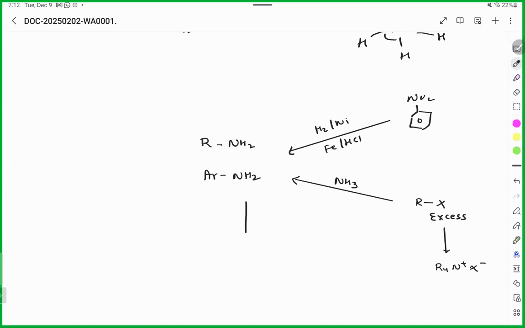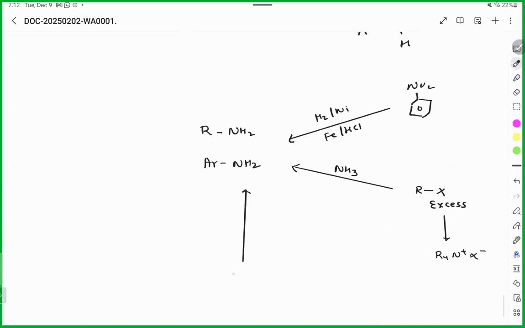Okay. Third thing, you can produce this from the cyanide. Again, reducing agent, lithium aluminium hydride or hydrogen nickel or sodium mercury in presence of alcohol. Second last, you can produce from the amide, method is same. You are simply adding hydrogen.